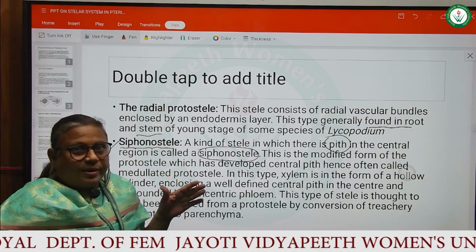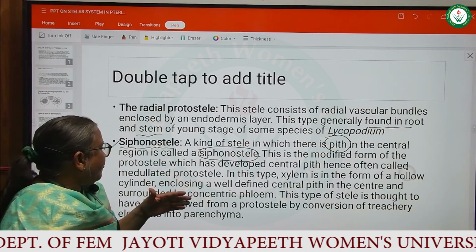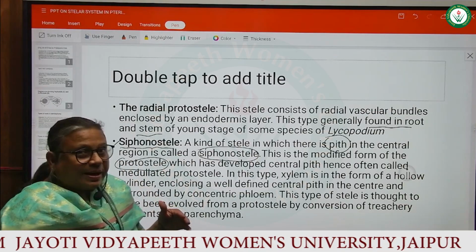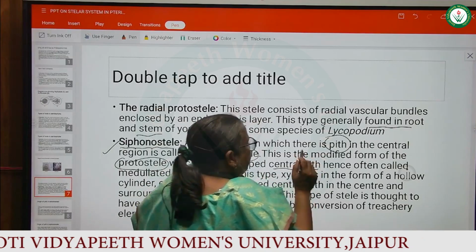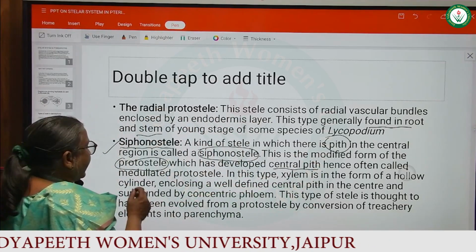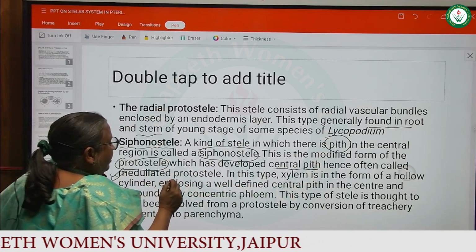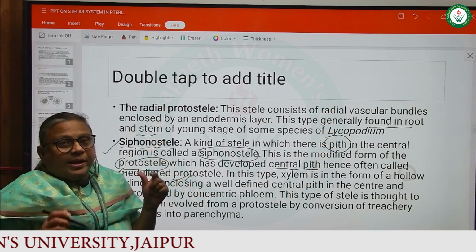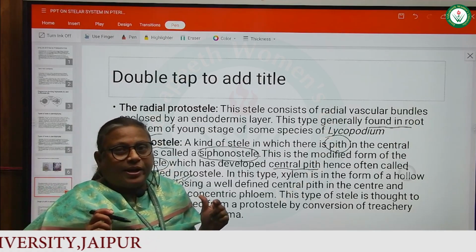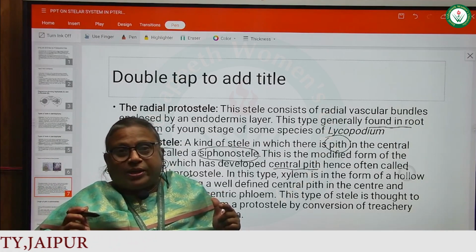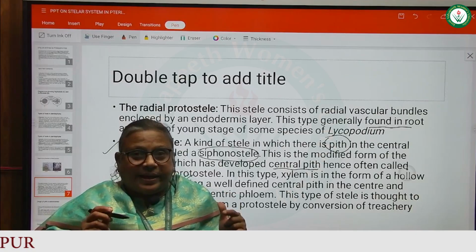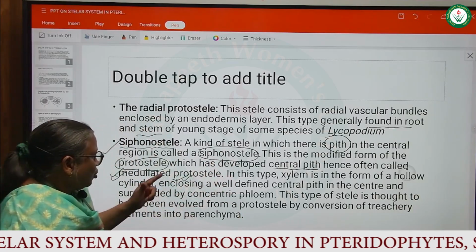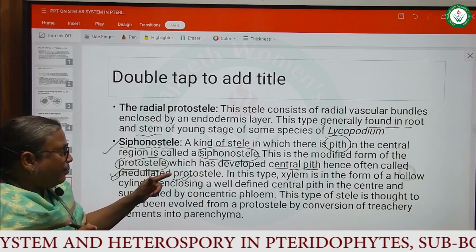So siphonostele is a modified form of the protostele which has developed central pith, so it is called medullated protostele. Now the question arises, why? Because there is the development of the central pith, so it is called medullated protostele.